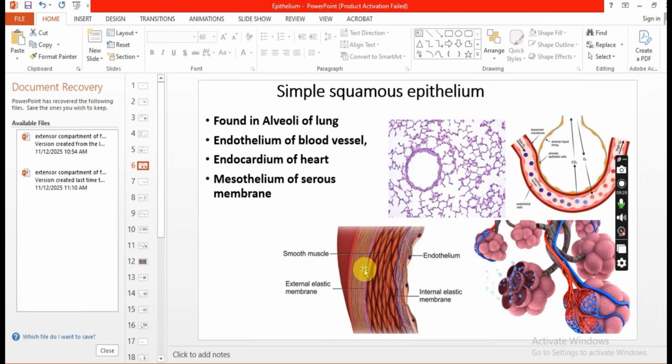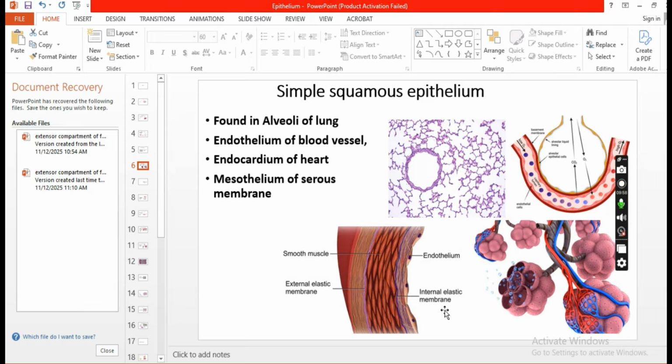Where else can you see it? The innermost layer of the blood vessel. This is the thickness of the blood vessel. It has got three layers from inner to outer: tunica intima, tunica media and tunica adventitia. In the innermost layer we can see a layer of squamous cells, which we call the endothelium. In the blood vessel it is called endothelium. If it is the inner layer of the heart, we call it endocardium.